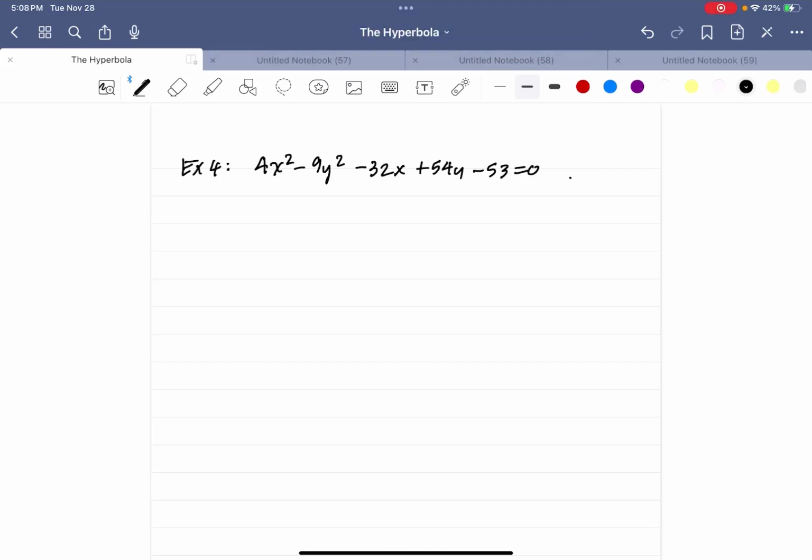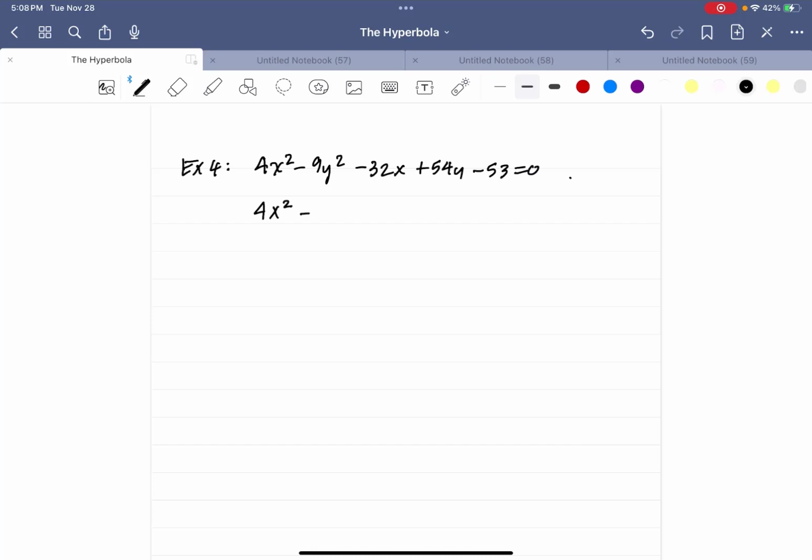So for example 4, we have 4x squared minus 9y squared minus 32x plus 54y minus 53 equals 0. And we need to put this in a center form so we can see the vertex and the foci and the asymptotes. So this one is similar to the last one, but slightly different.